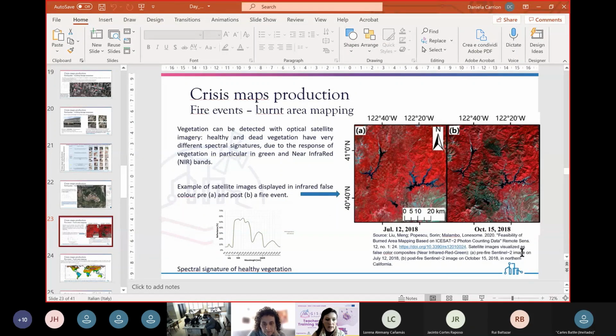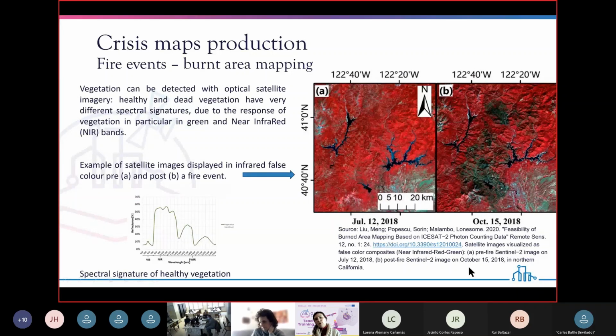Okay, now we stop talking about earthquakes and we move to talk about fires. This is more related to what you have studied with respect to satellite images, and maybe is even a bit more interesting. You see a bit more the application of what has been explained in the last days.